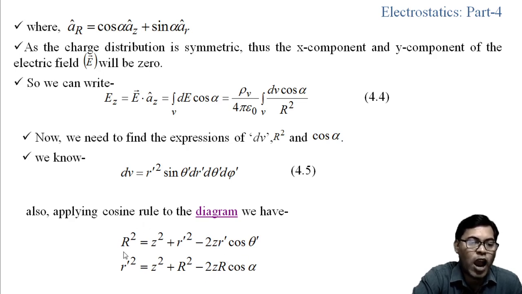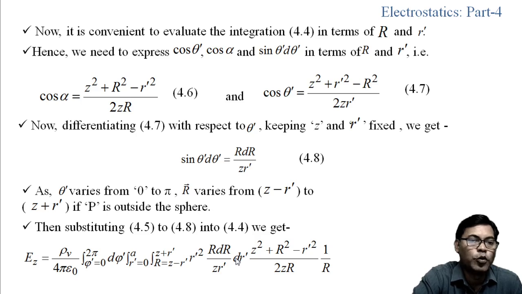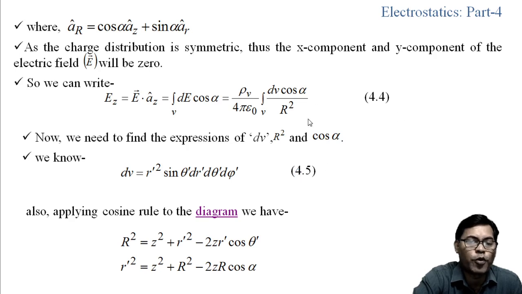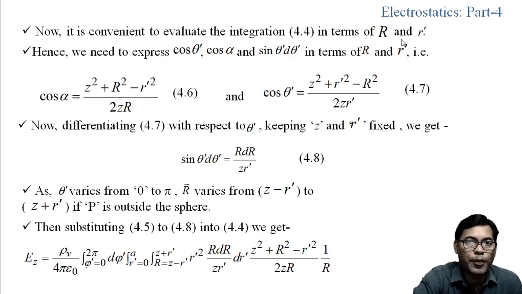After getting that expression we can now evaluate the integration in equation 4.4 in terms of capital R and r prime. For that we need to express cos theta prime, cos alpha, sin theta prime d theta prime in terms of capital R and small r prime.